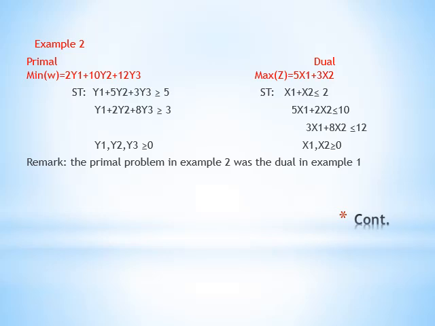Now, since we have 3 decision variables, the non-negativity condition represents that these 3 decision variables y1, y2, y3 should be more or equal 0.